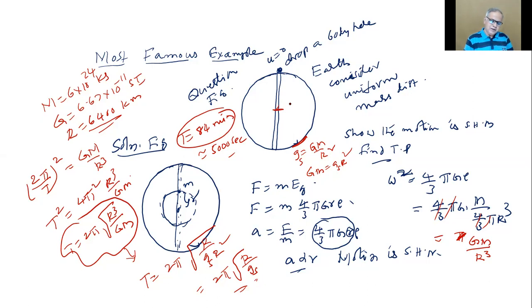First of all, realize that we started with a shell. And for the shell, we took a few things for granted. Though I told you how to get it, I have not shown you deliberately how you may prove that inside it is 0. I did not prove it. And outside also, I've told you it is like a point mass from symmetry. We have not proved anything there, not necessarily to begin with.